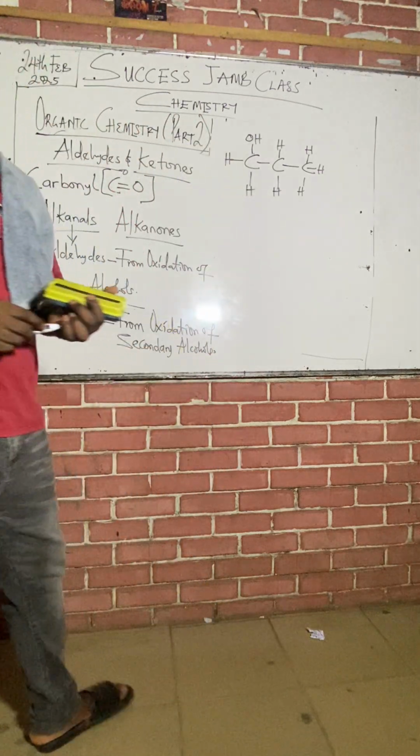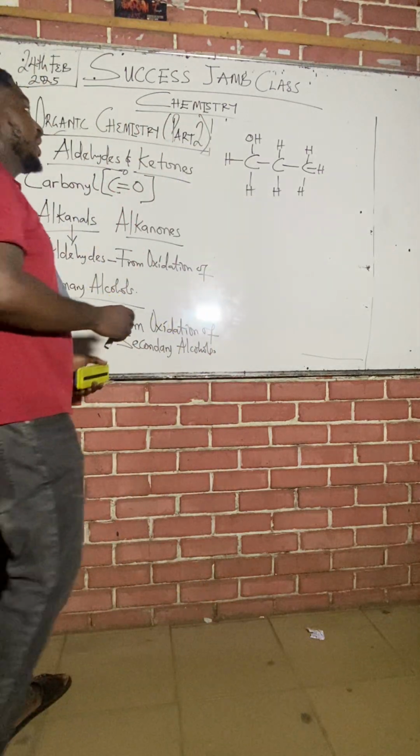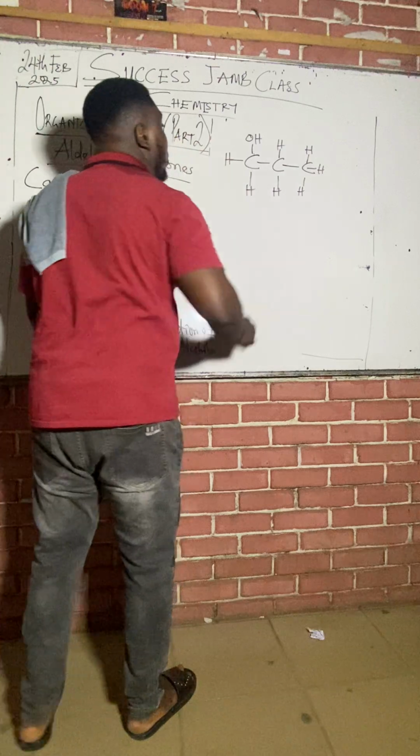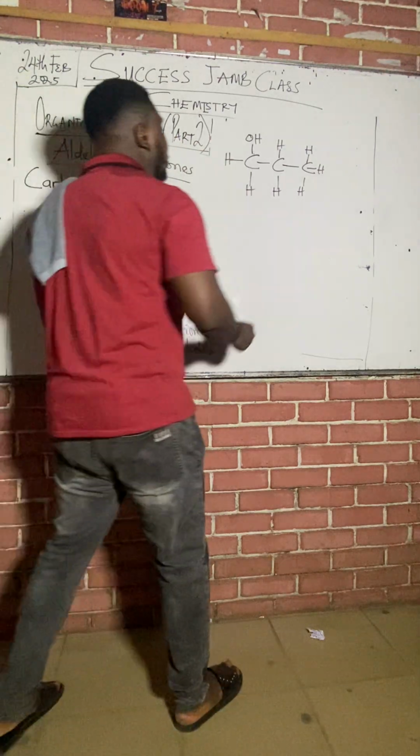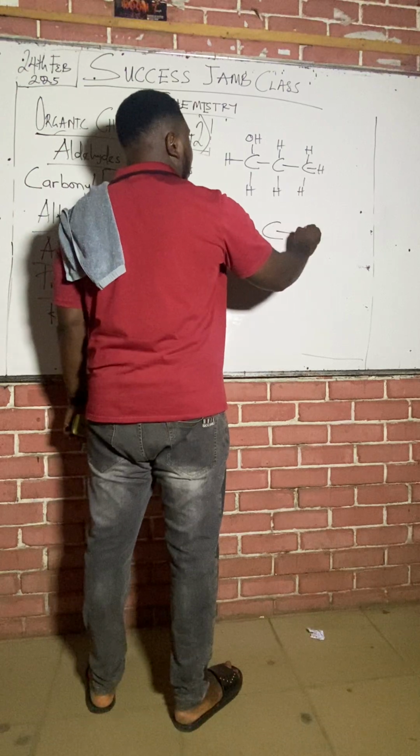Don't forget the definition of a primary alcohol: it's an alcohol in which the carbon bearing the OH group has 2 or more hydrogens directly attached to it. Why do we say 2 or more? Because this can also be a primary alcohol.